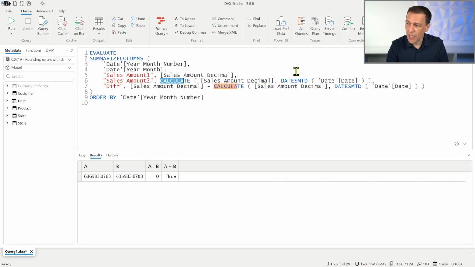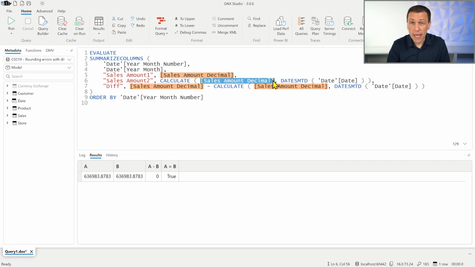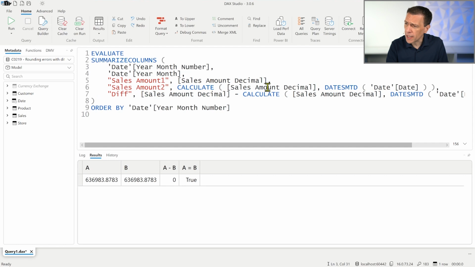In the second case, I simply use the month to date. Yes, I'm using a time intelligence calculation, because guess what? The time intelligence calculation, DATESMTD, produces a list of dates in the filter, which requires the engine to compute sales amount decimal day by day, and then sum the result, because this is an additive measure. So it's a sort of optimization made by the engine to produce the result in a faster way.